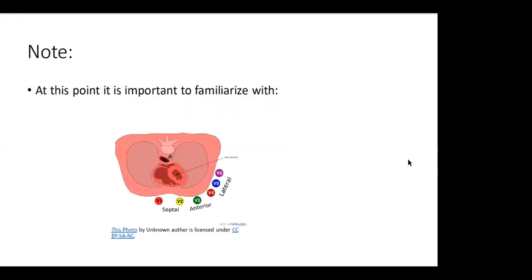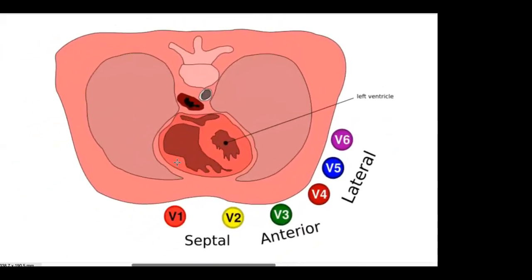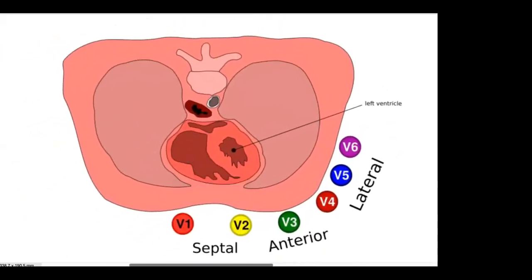Next. Can you zoom it again? Right. For us to understand the bundle branch blocks, because we will be dealing with ECGs, we have to familiarize ourselves with the precordial leads, that is V1 until V6.